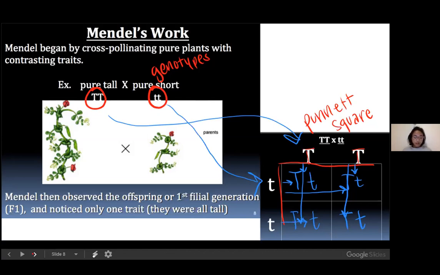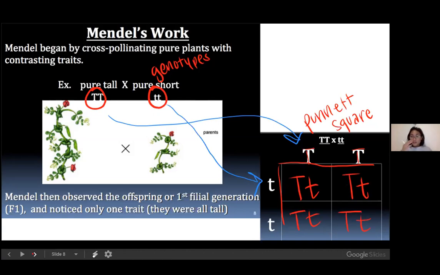I'm going to clean this up for you a little bit. What happens is that he was able to predict the genotypes of their children. So if those two pea plants had 4 children, their genotypes would look like that.